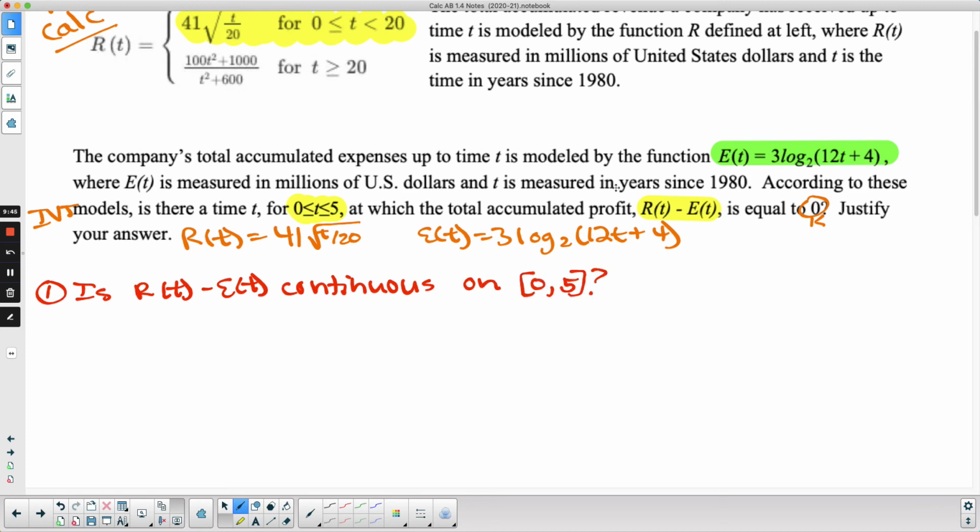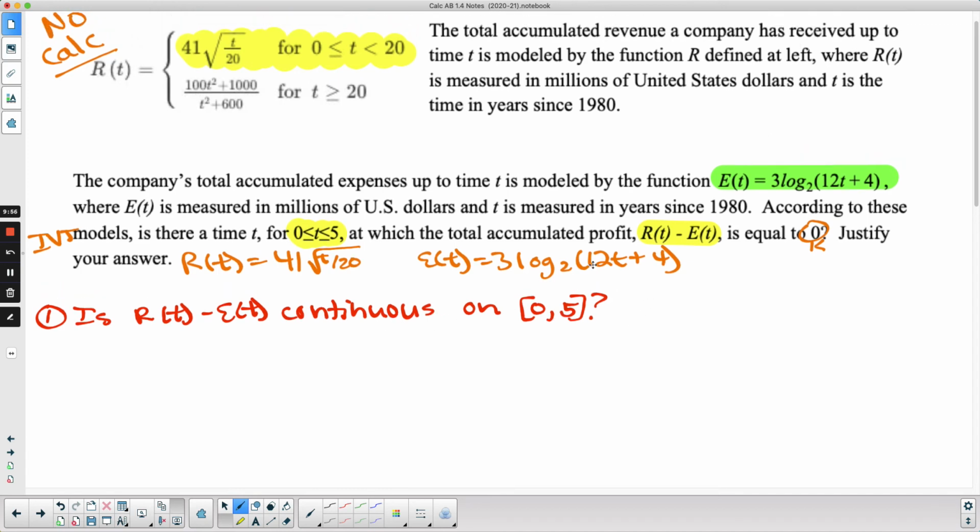That's our first question, so let's look at it. And this is one of those where you're going to want to show every step you do. Well, is 0 to 5 in the domain of 41 root t over 20? Well, for 0 to 20, so yes, R of t is continuous.